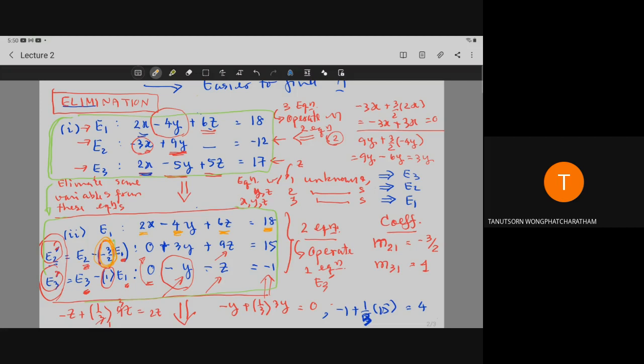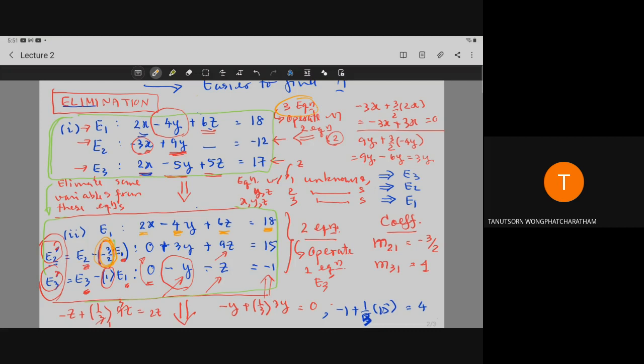Okay. So it means that from step 1 to step 2, with 3 equations, we work on 2 equations only, and for each equation we have to do multiplication 4 times.